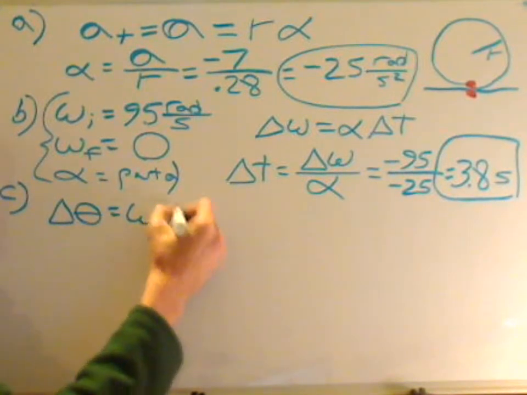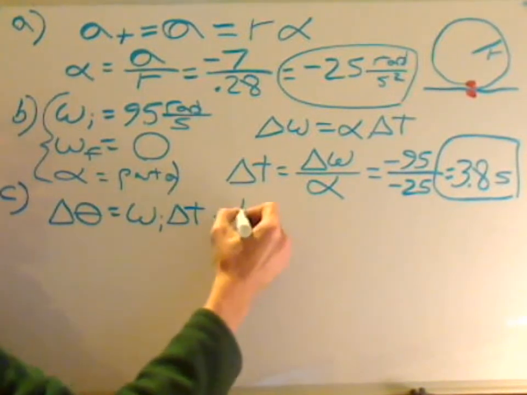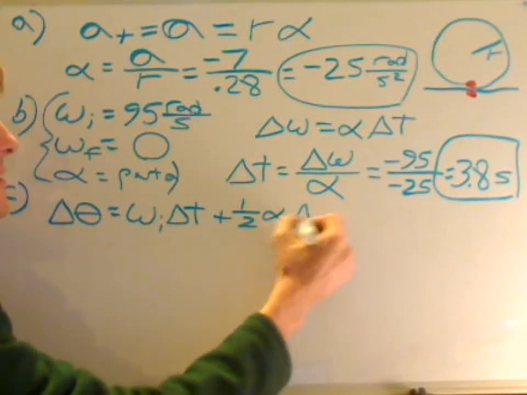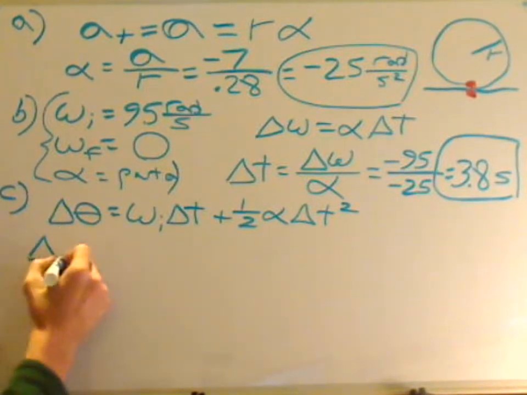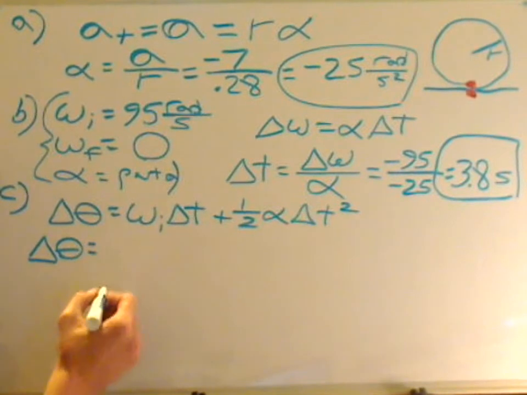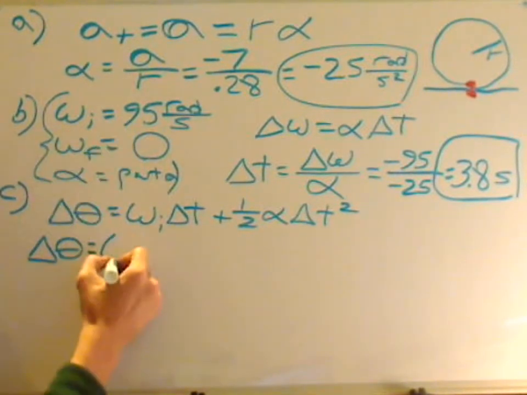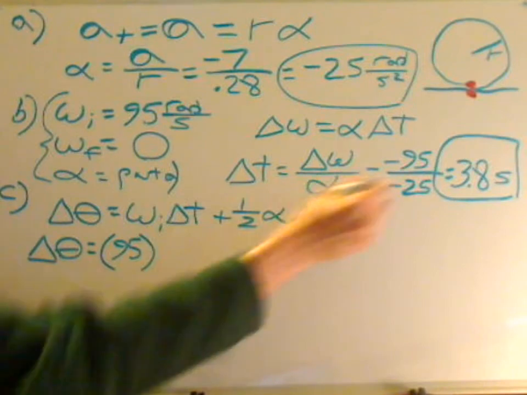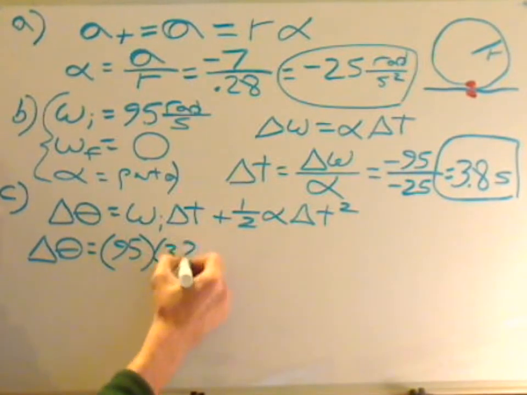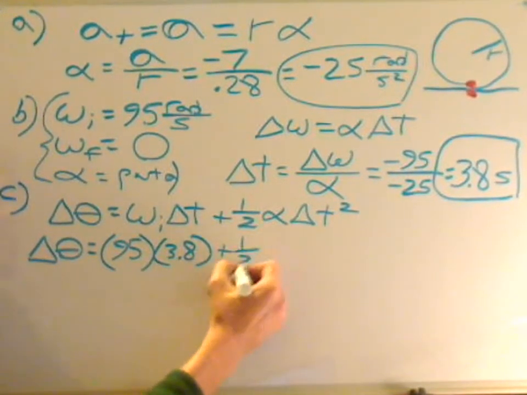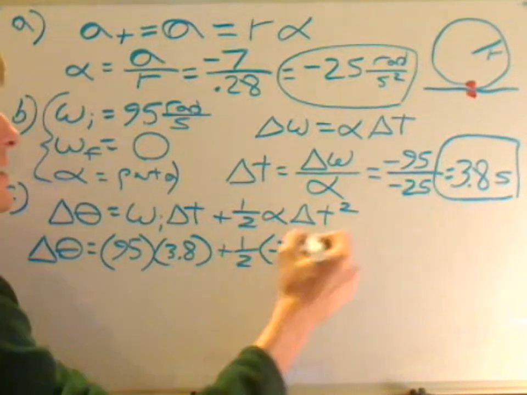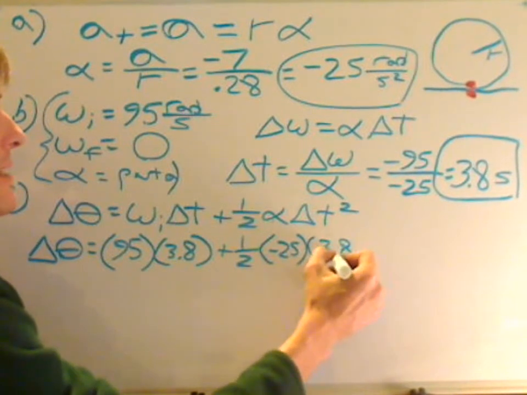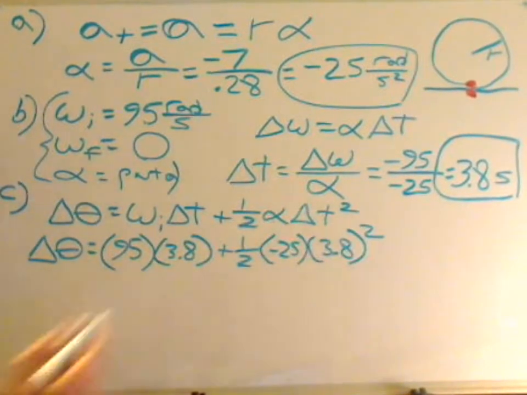It's omega initial delta t plus 1/2 angular acceleration delta t squared. Okay? So we plug these values in. Omega initial is 95. The elapsed time is 3.8 seconds. Plus 1/2 angular acceleration is -25, times delta t, 3.8 seconds again, squared. Don't forget the squared there.